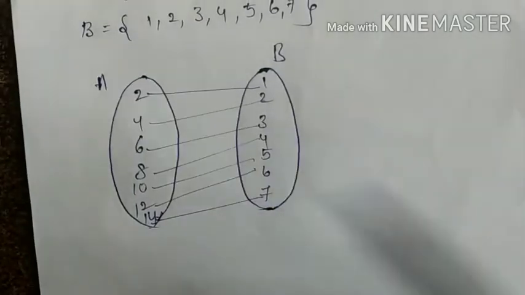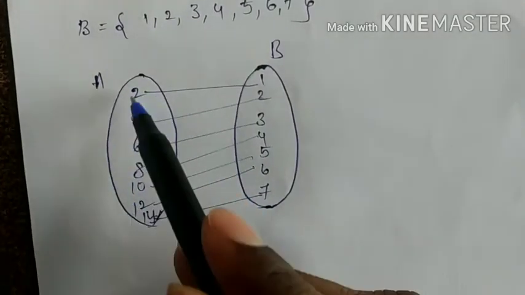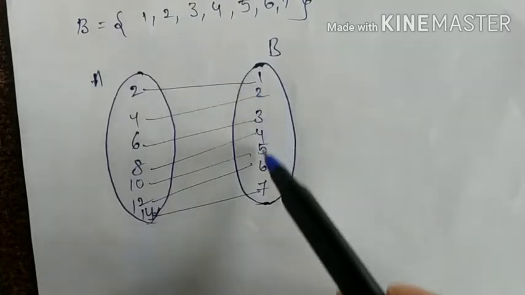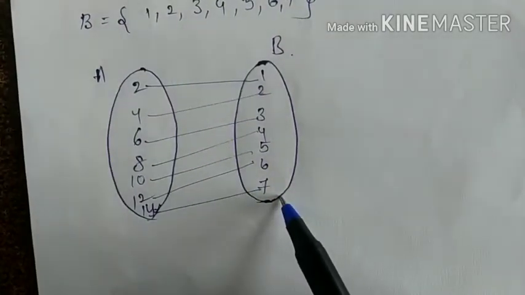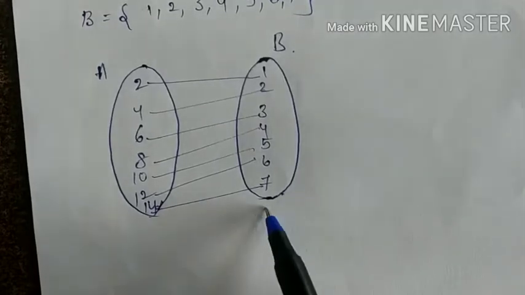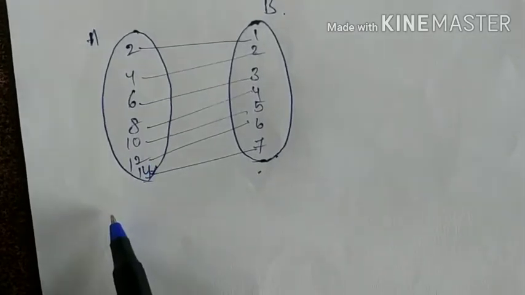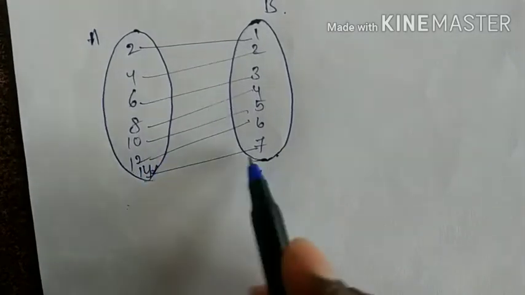If you observe here, each element of A has only one image in set B. That's why this is a function, right? When it is a function, we can easily determine the domain and range of the function.